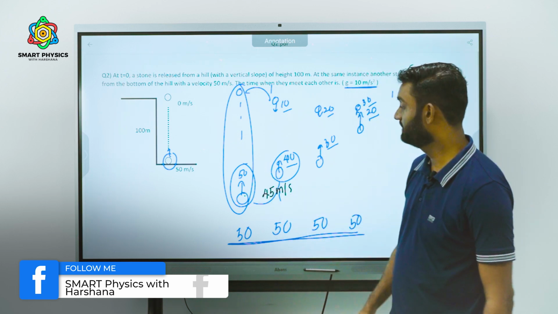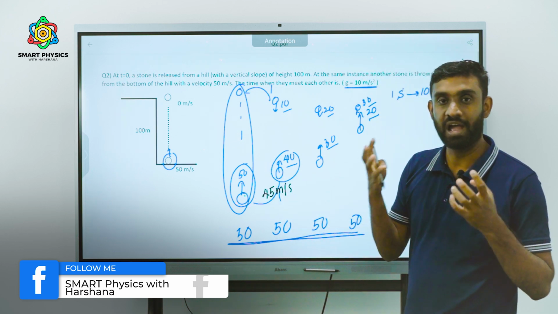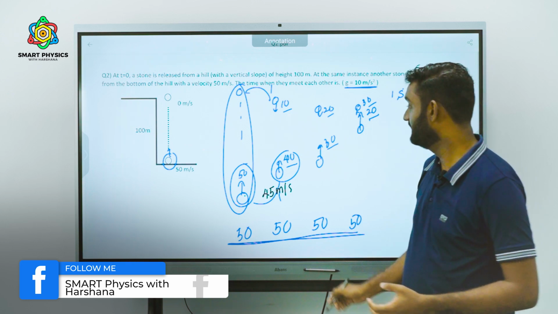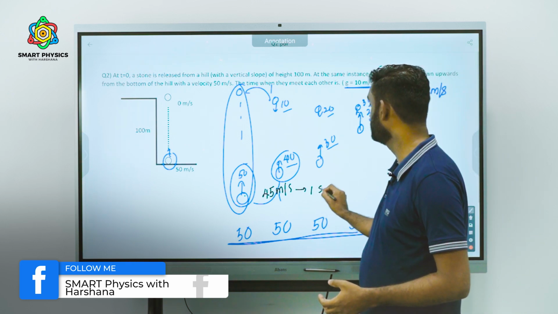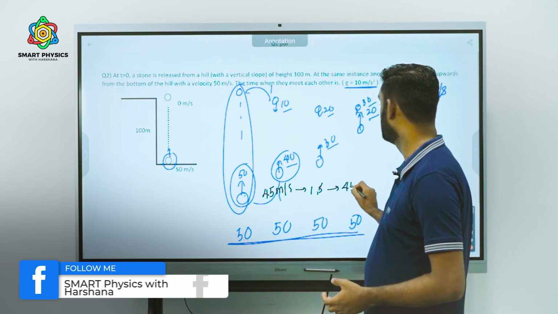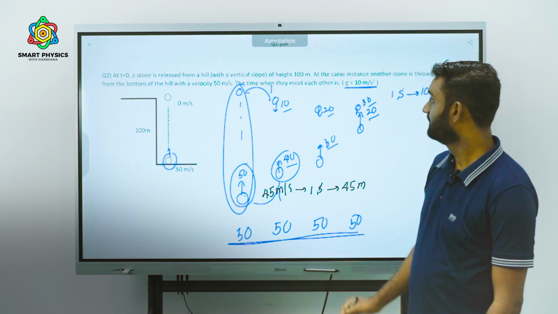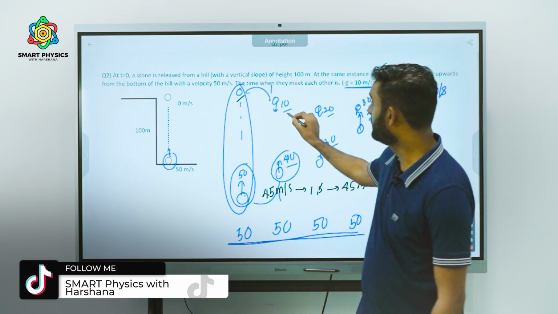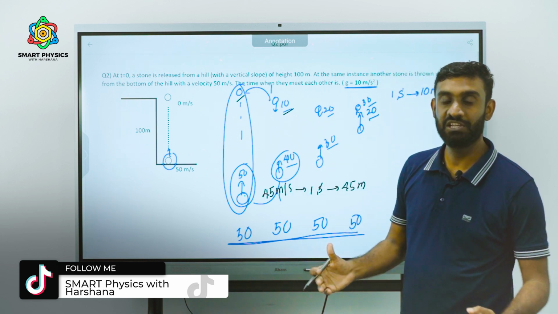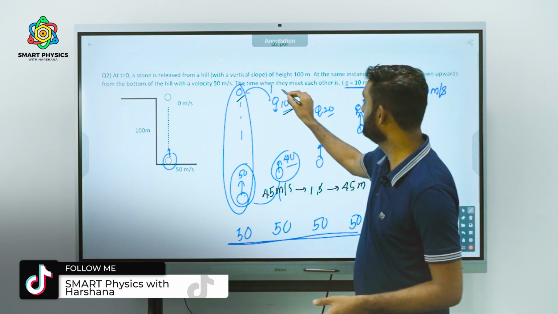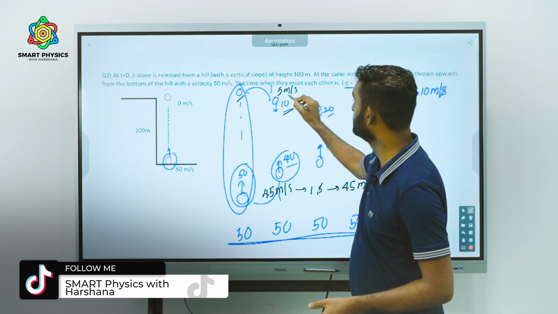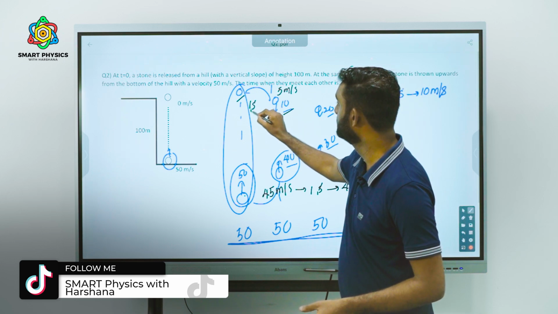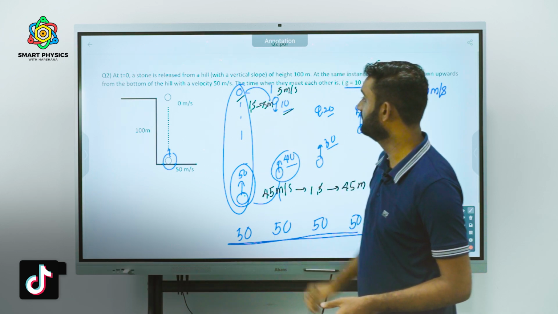Add the initial velocity and final velocity and divide by 2. Then for 1 second, it traveled 45 meters. Here, initial velocity 0, final velocity 10. The average velocity is 5 meters per second. That means in 1 second, 5 meters it traveled.